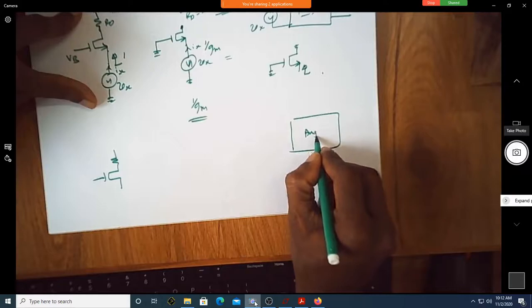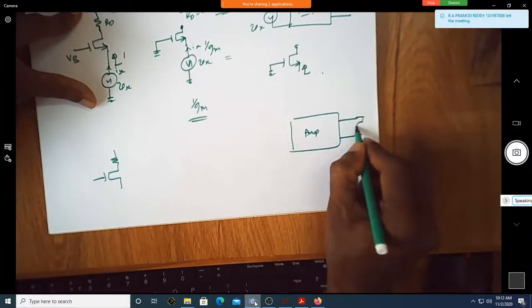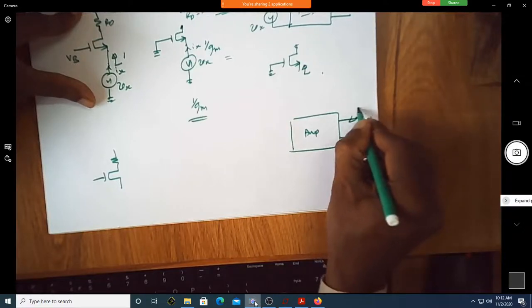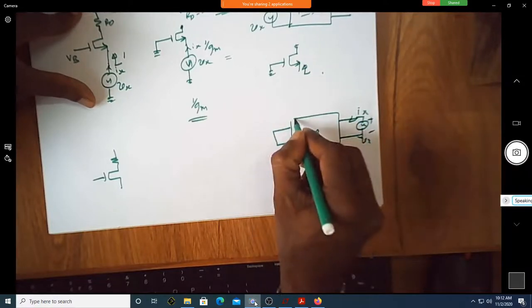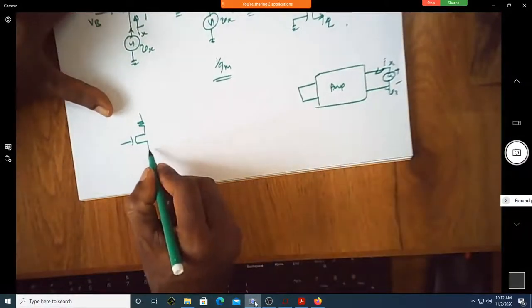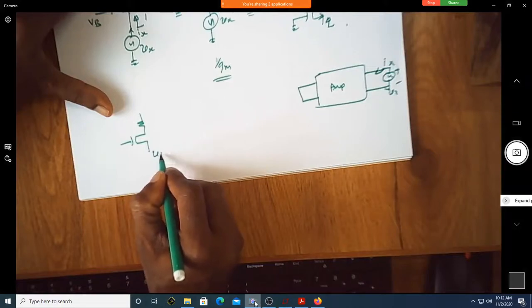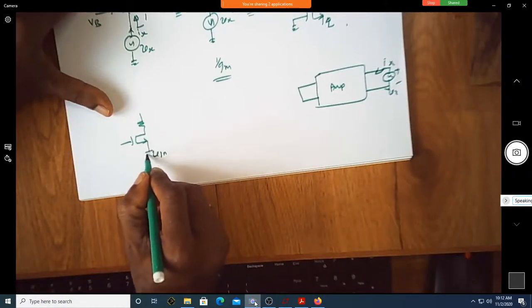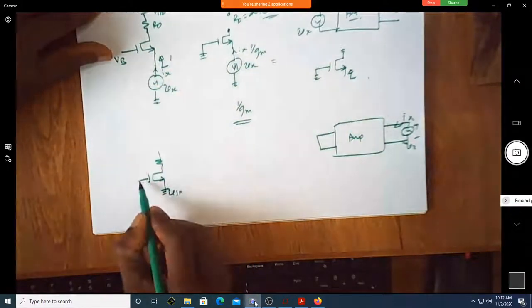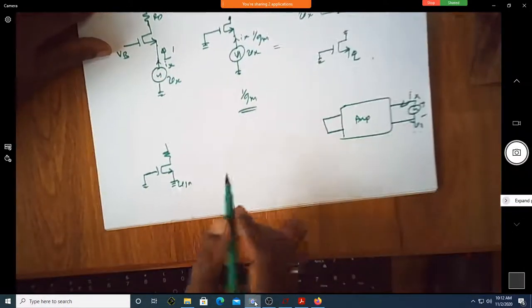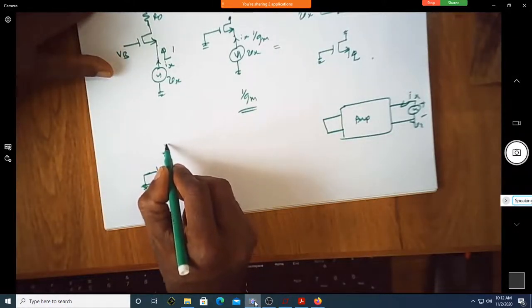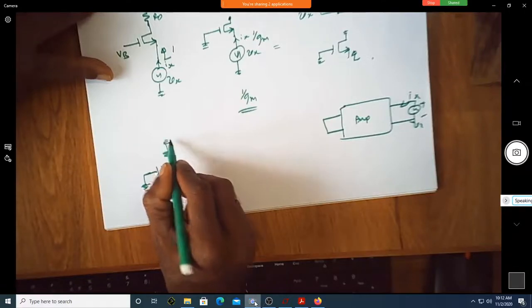Apply Vx and measure Ix, and you short circuit the input. Usually at the source you apply the input, so you ground this source. Since it is VB, I will ground this also. This is RD.